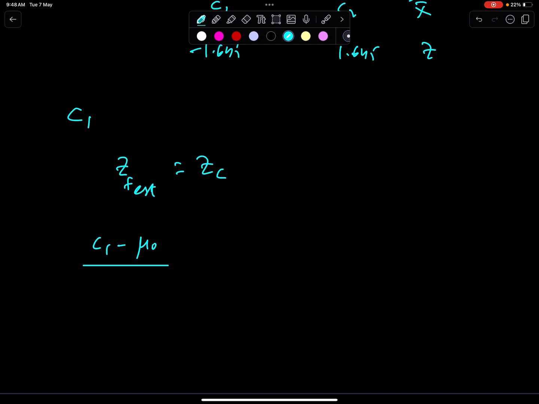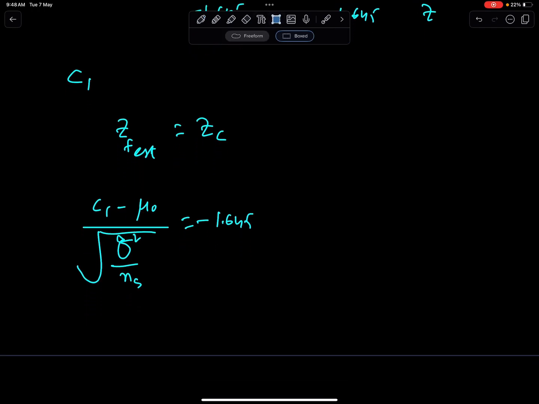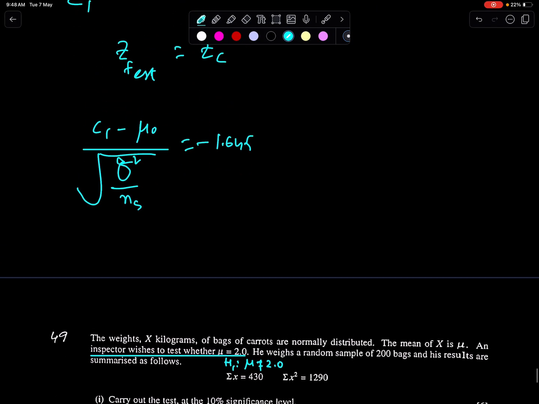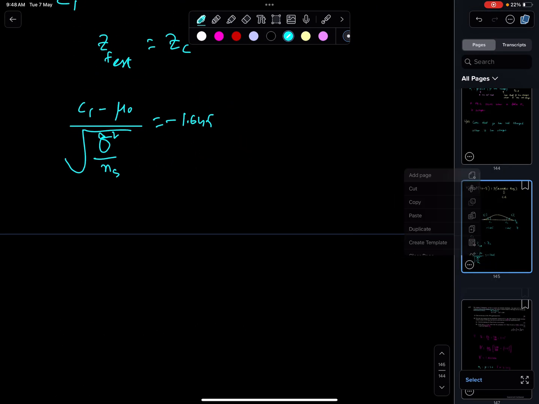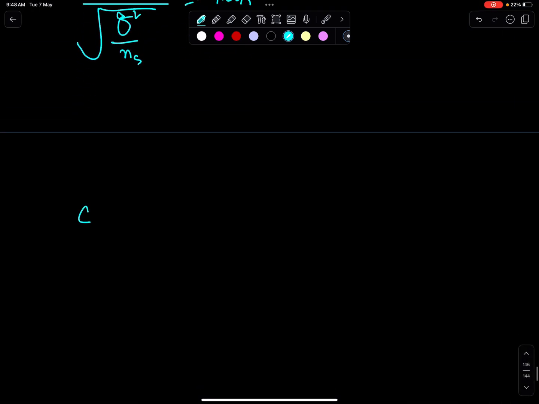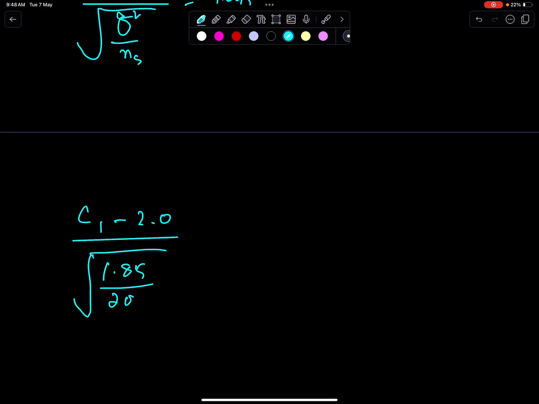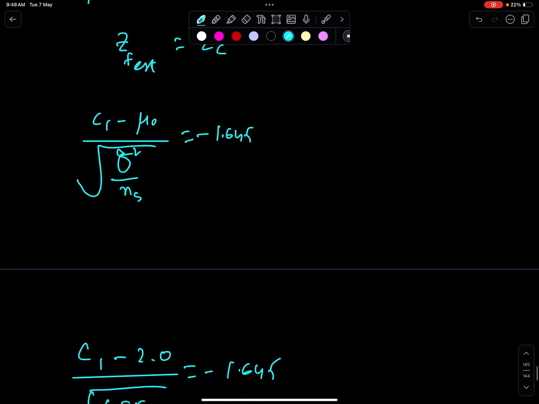Make sure you write the value of H naught here. Sigma cap square over n, under root, equals minus 1.645. So C1 minus 2.0, H naught, sigma cap square is 1.85 upon 200, minus 1.645. From this equation you can get C1.